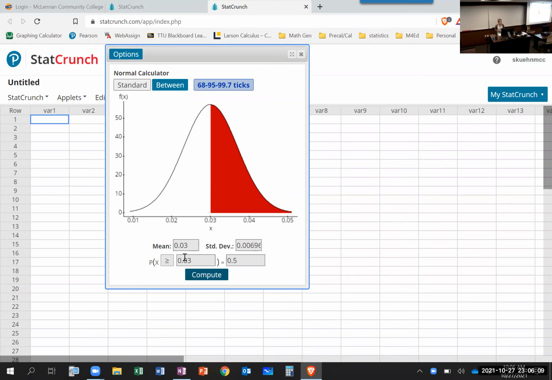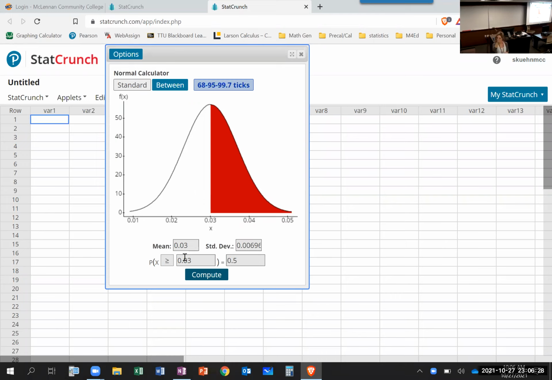I know, it's kind of a crazy question, right? It's a 50-50 chance that you get a sample proportion greater than 0.03. 0.03 was the number we were using anyway.